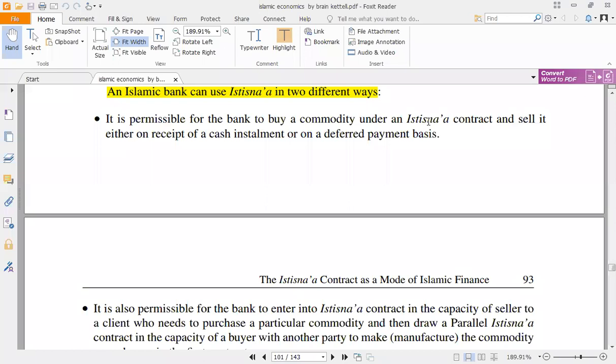It is permissible for the bank to buy an item under Istasna contract and sell it either on receipt of cash, installment or on a deferred payment basis. This is a type of murabaha, like, not similar.